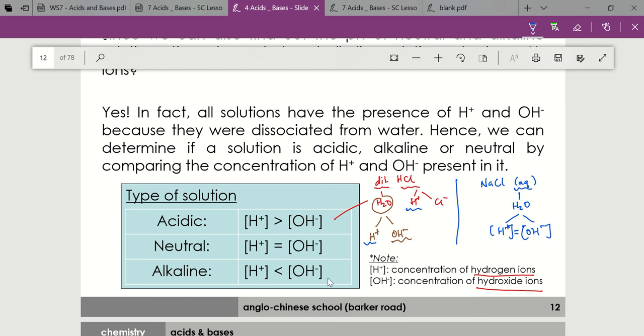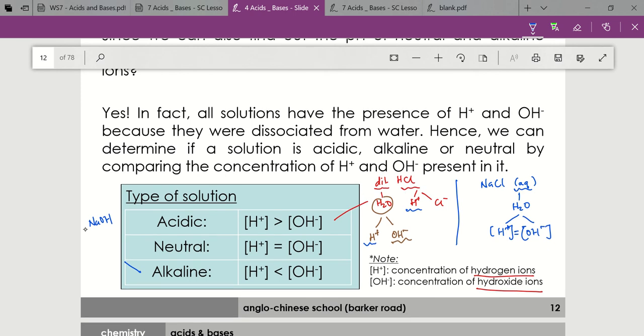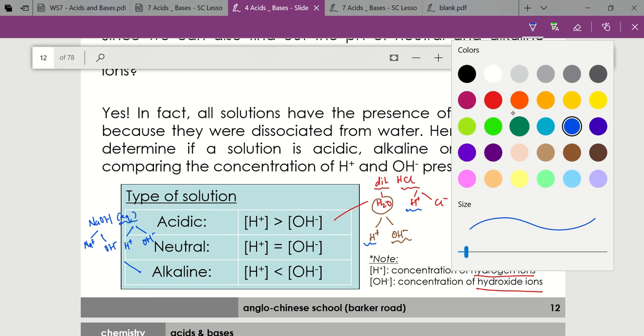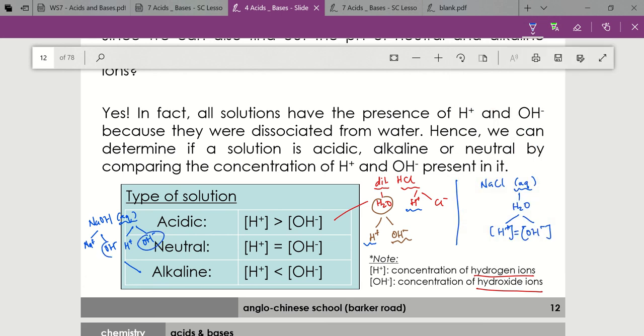All right, and then for an alkaline solution, perhaps let us talk about sodium hydroxide aqueous. Okay, in sodium hydroxide itself, I have Na+, OH-. From the water, I have H+ and OH-. So you can see that I have a lot more of hydroxide ions versus hydrogen ion, right, which is coherent with what we are seeing over here.